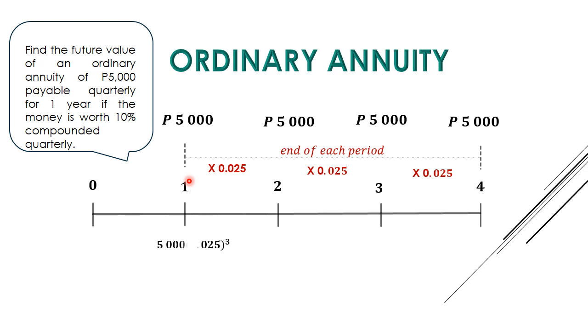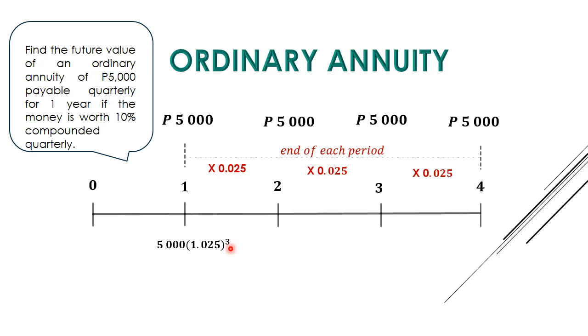So the amount for the first quarter is 5,000 times 1.025 to the power of 3. Why 1.025? Because we still have to add the principal, which is the 1, and I already explained it earlier. So that's why it's 1.025.